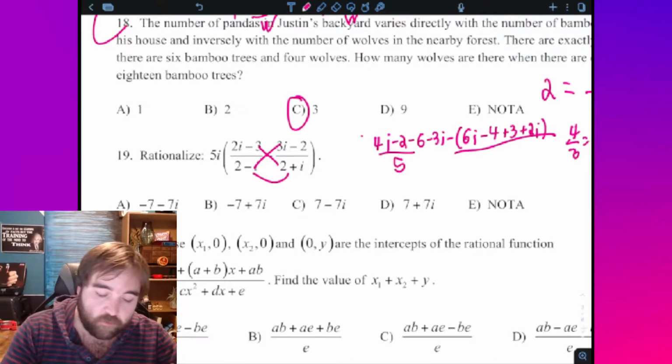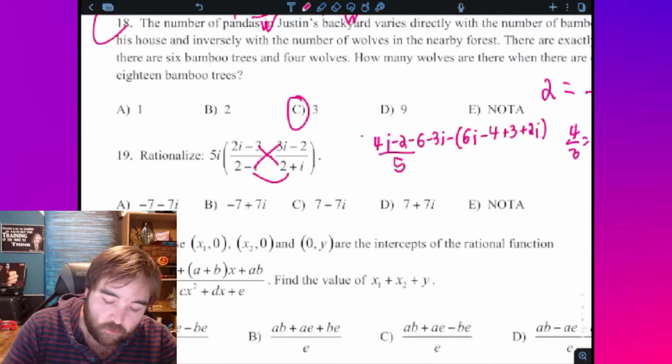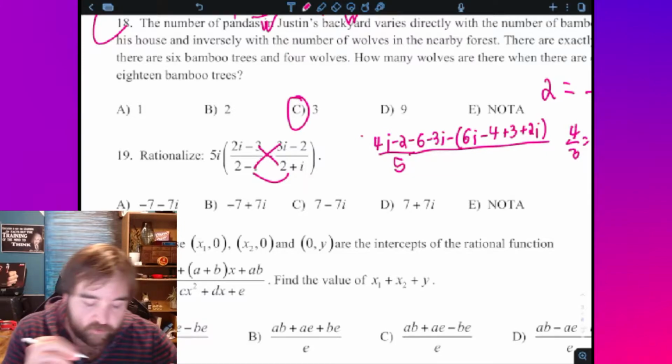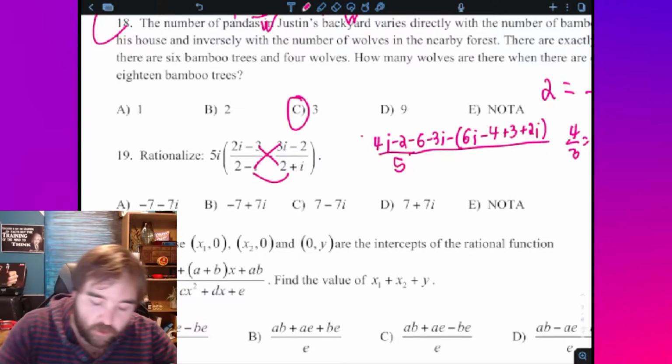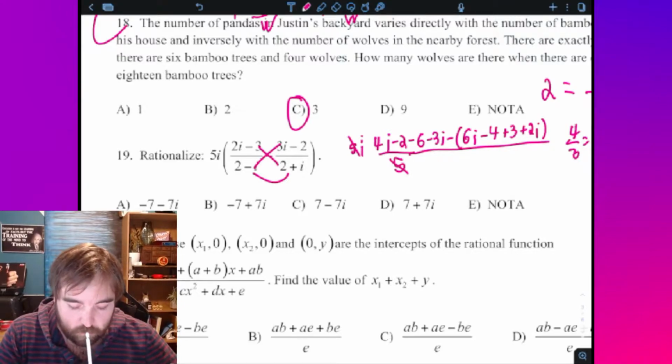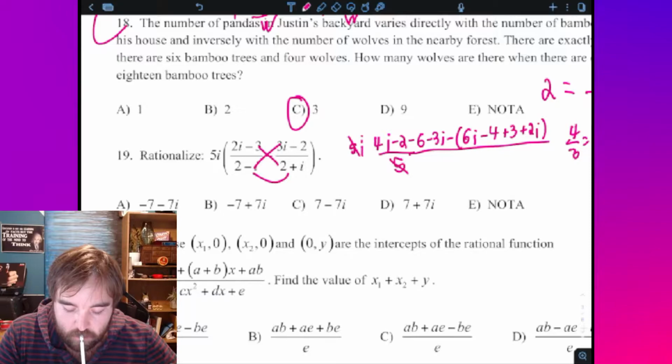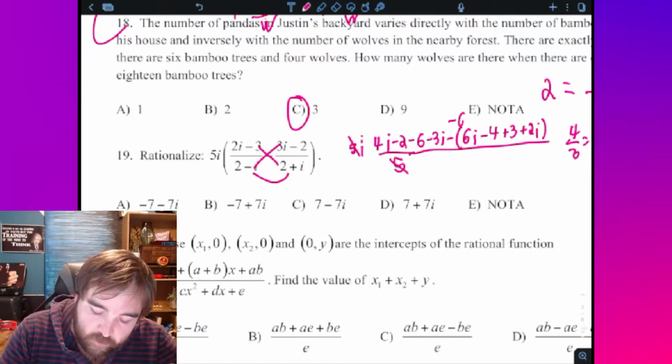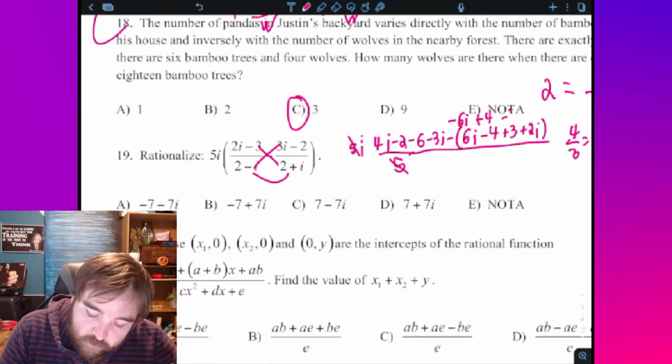over, no, because all that's on the top of 5. And then I'm going to multiply by 5i, so the 5 is just going to cancel anyway. Cool. So I just got to do all that out and then multiply by i. So minus 6i plus 4 minus 3 minus 2i.